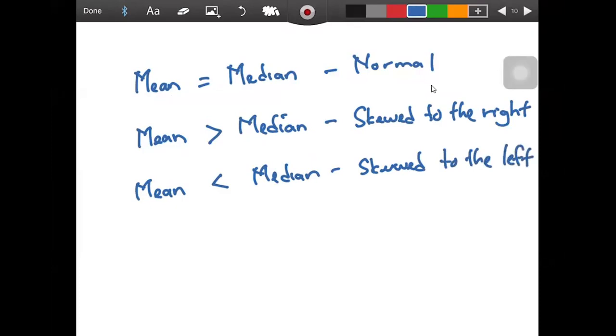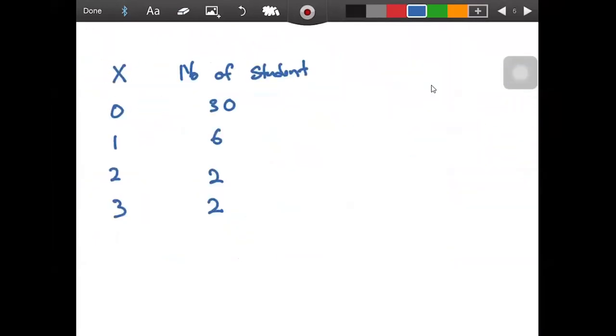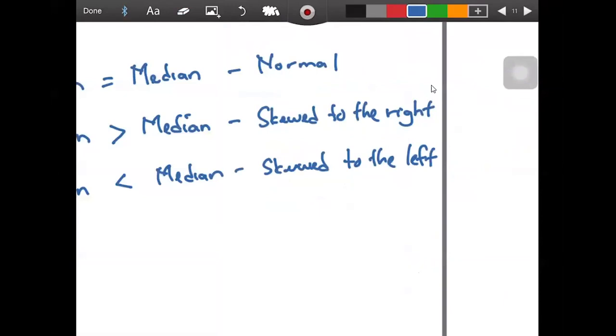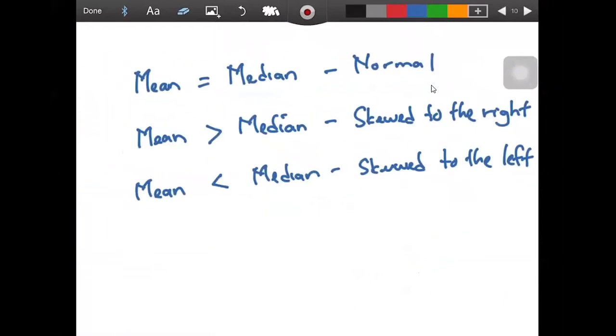All right, so we check our data. Our median is 50, and mean is 85. So in this case, our mean is 85, median is 50.